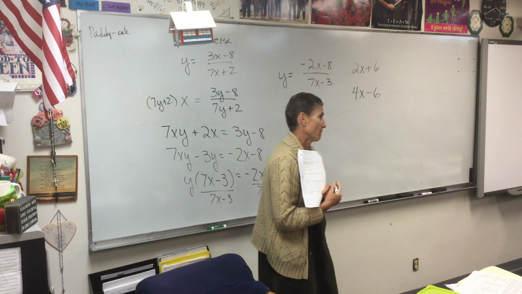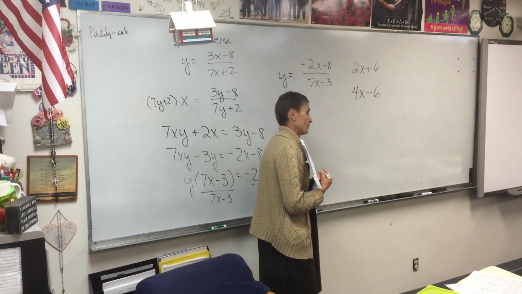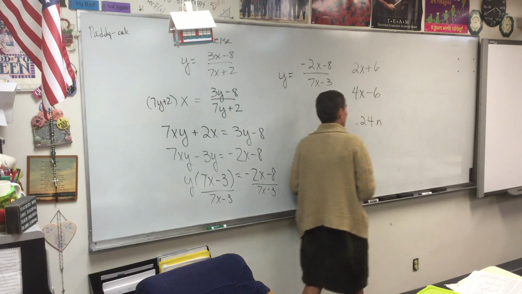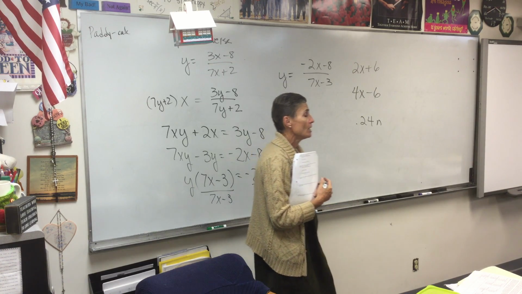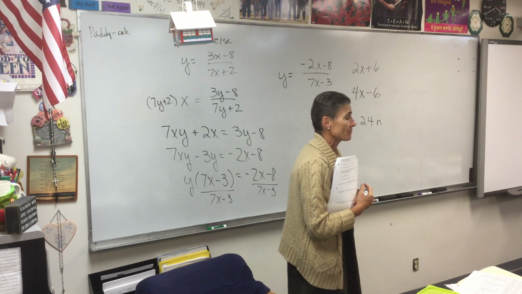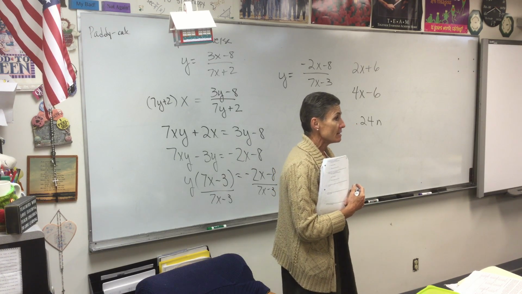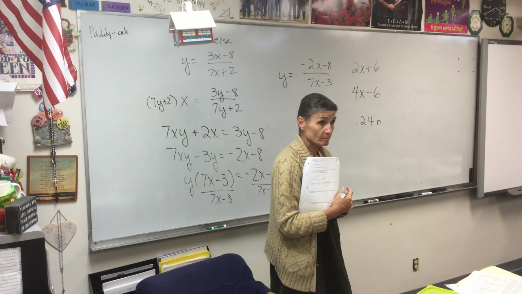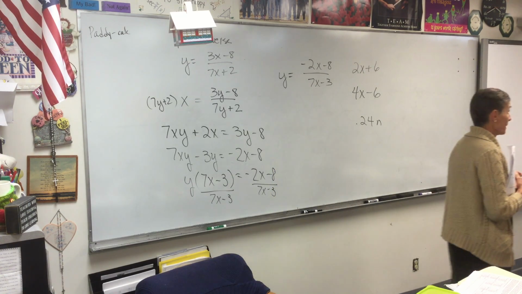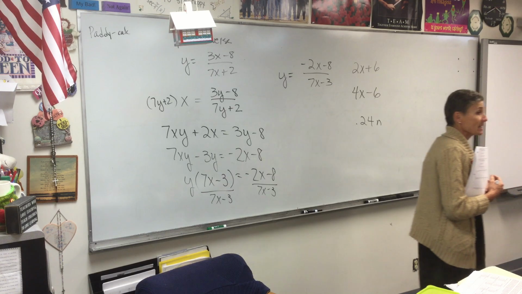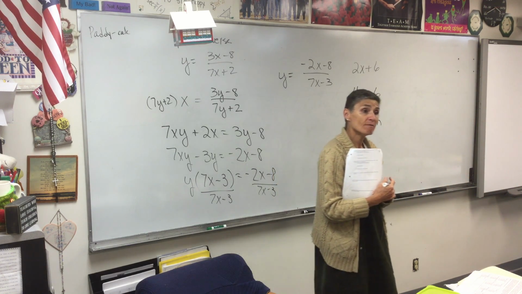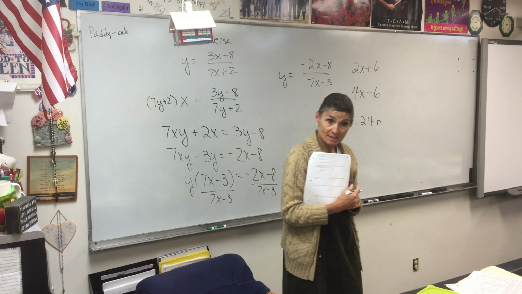24% of a number. 0.24n. Beautiful. Remember, 24% decimally is 0.24. If you don't know that, we're in trouble. 24% means 24 divided by 100. That's 0.24. In mathematics, the word of always means times.